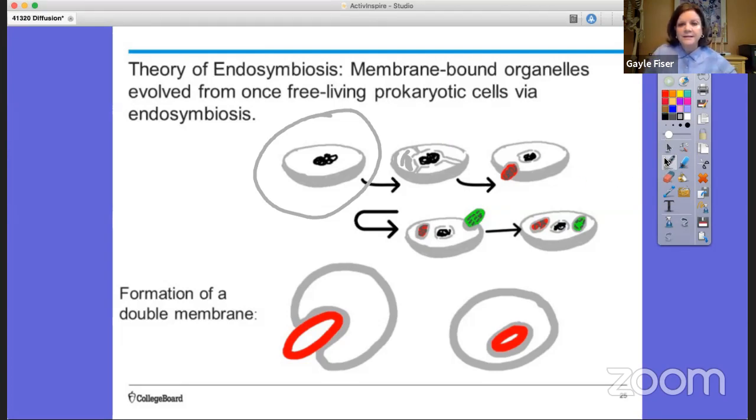Okay, so in the next stage, you see that this large cell is engulfing this prokaryote that has respiratory properties. So now this cell is using this prokaryote to produce ATP. And the same thing can happen with the chloroplast.